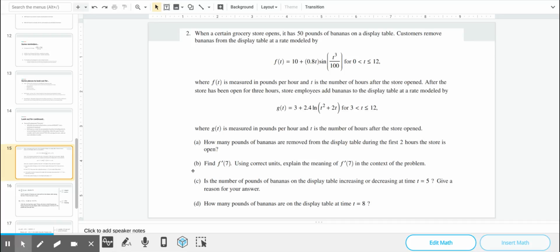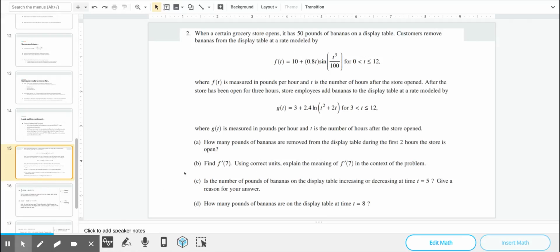Okay, so for computation purposes, this is actually really easy because it just says find f prime of 7. Well, I know that this is the function they're talking about. I need to take the first derivative of f and plug in 7. In your calculators, this is really easy. We don't even need to show what the derivative is if it's a calculator active problem.